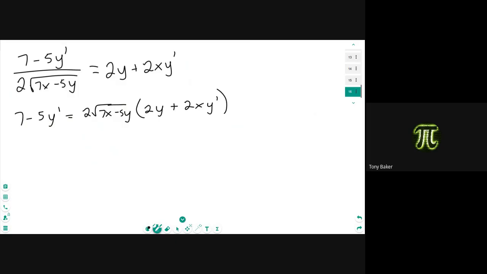All right, next step. That would be two, just because I got to get that y prime by itself, so I just got to get it out of there.